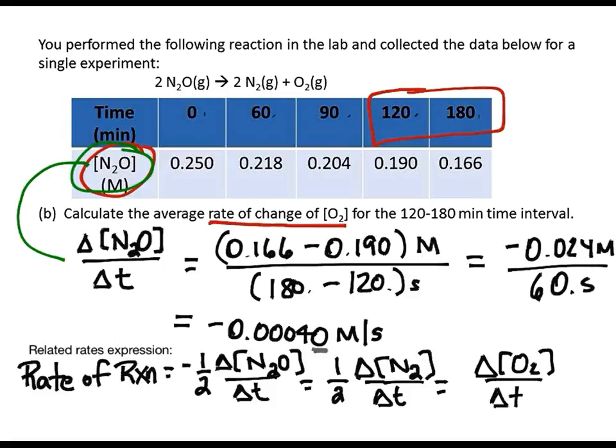which is shown here. Rate of reaction equals negative 1/2 delta N2O over delta T. That's what we just calculated, actually, the delta N2O over delta T, equals 1/2 delta N2 over delta T. We don't really care about that. What we care about is that last piece, the delta oxygen over delta T. That's what we're asked for.